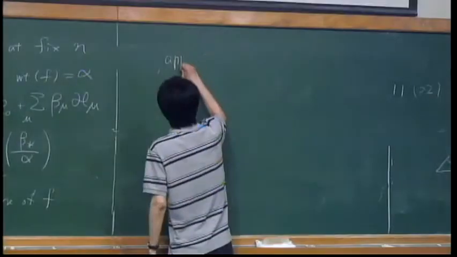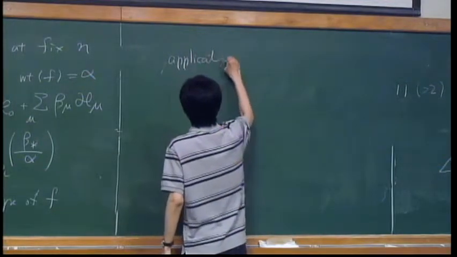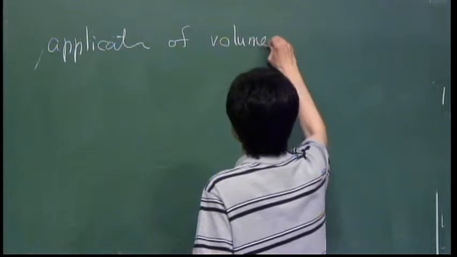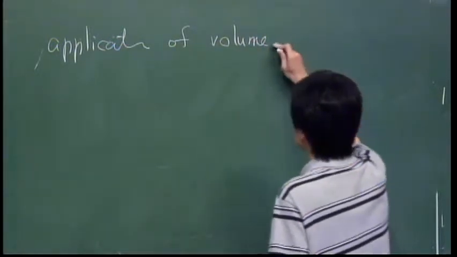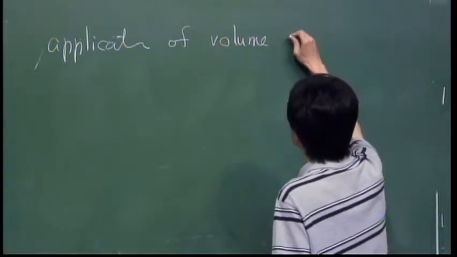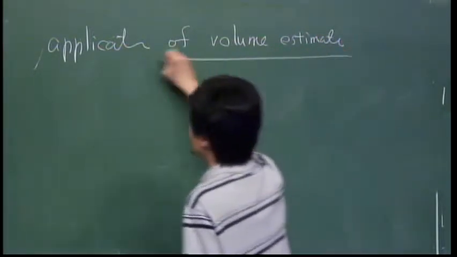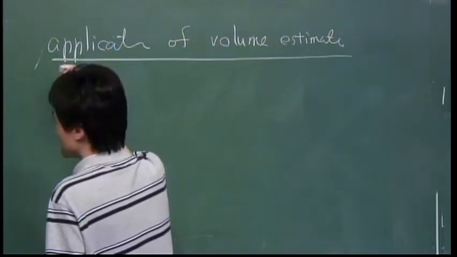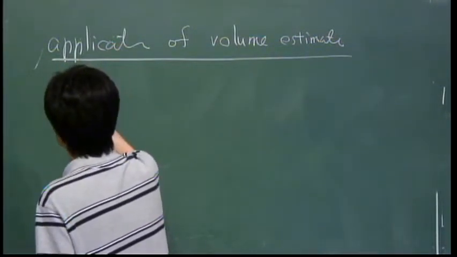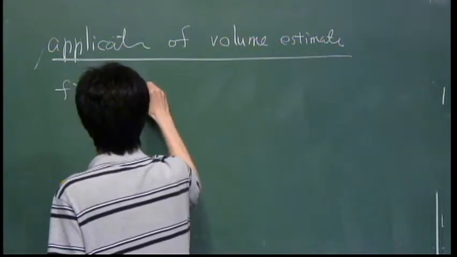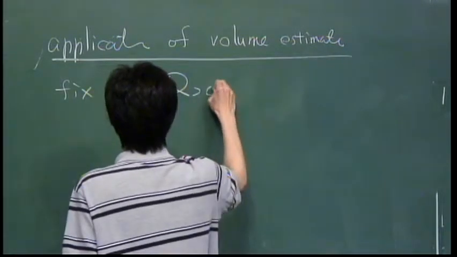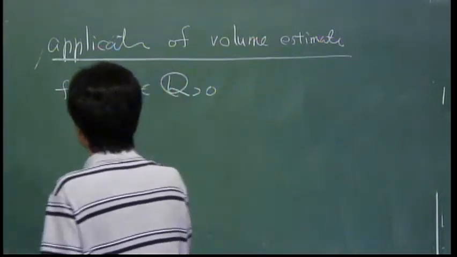And now, by an application of a volume estimate, which I gave previously, we get the following. Let's fix a bound of the slope, let's say some rational number.